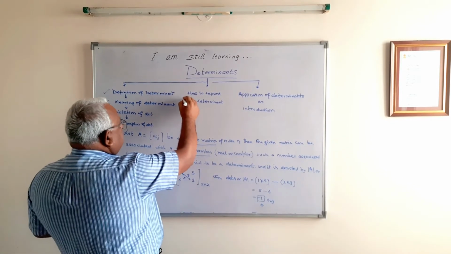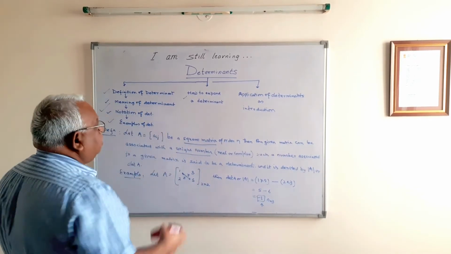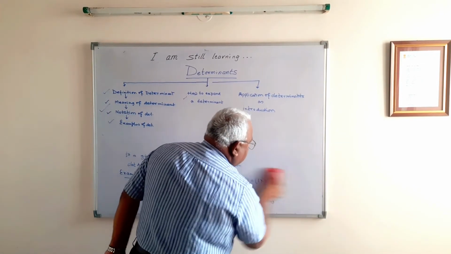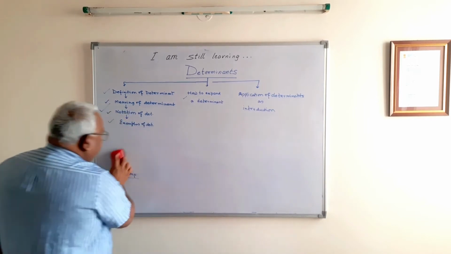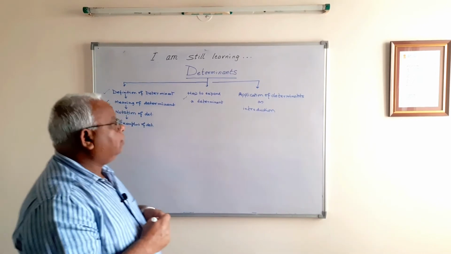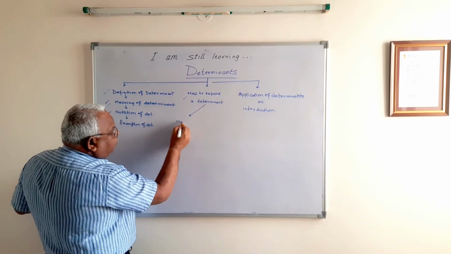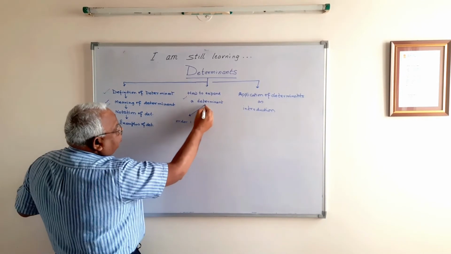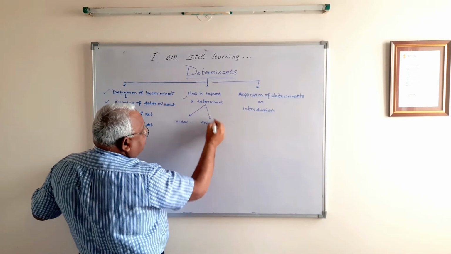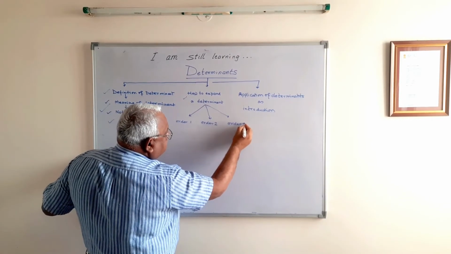Now let us come to understand how to expand a determinant. When we are talking about expansion of a determinant, here we'll be talking about order 1, order 2, and order 3.